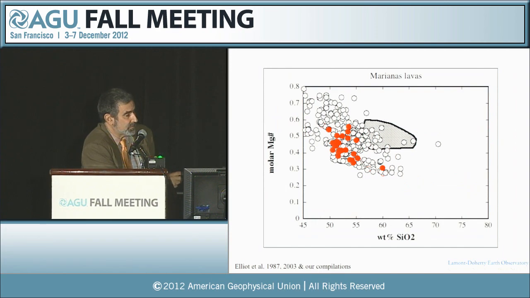The Marianas, I used to think, was a very poor place to go to look and think about these kinds of processes, because you can see, without doing a lot of work, that the average lava is not going to sit anywhere near continental crust, and probably everything entering the crust is a primitive basalt, which I used to look down upon.